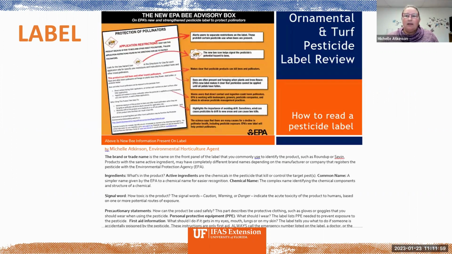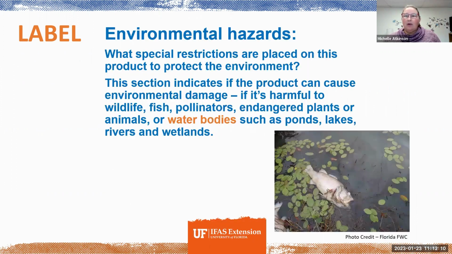So you'll see in another section of this course, this fact sheet that you can actually print out, and it goes into much more detail about the label, and there's a label video exercise that you can follow along with. The one thing or a couple things that you want to note on the label is that it's important to see the environmental hazards, and typically if you're worried about the water, you're going to find that information in environmental hazards.